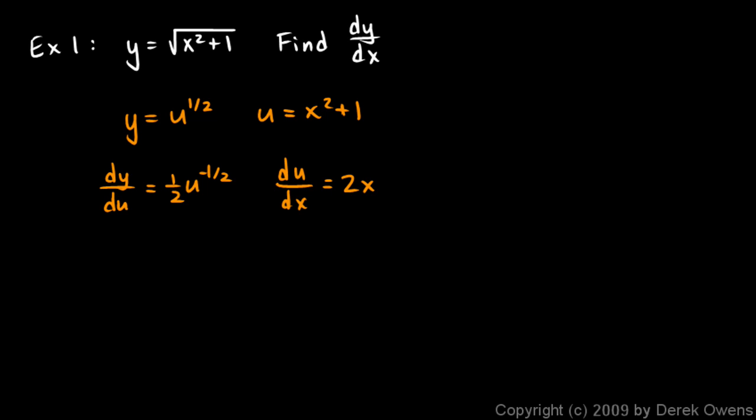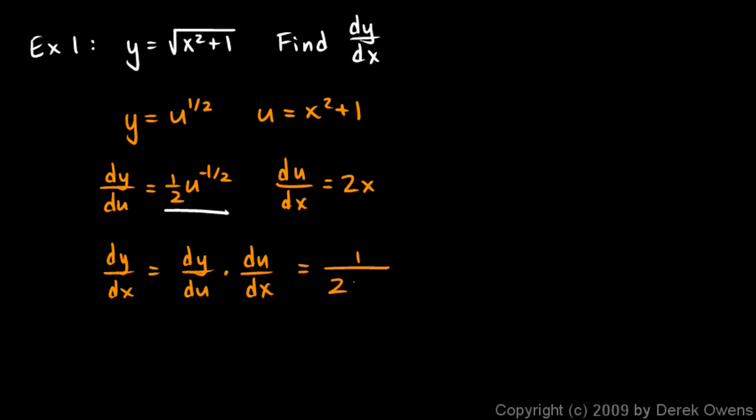And the derivative that I'm looking for, dy/dx, has to be dy/du times du/dx. So let's just write that. dy/du is 1/2 u to the negative 1/2, and I'll write that as 1 over 2 u to the 1/2, times my du/dx, which is right here.